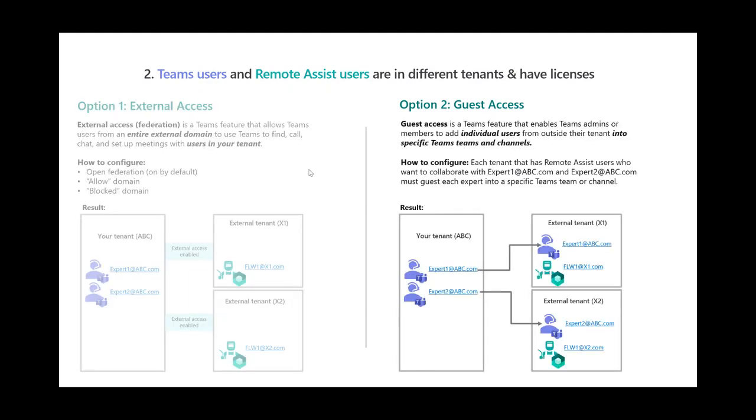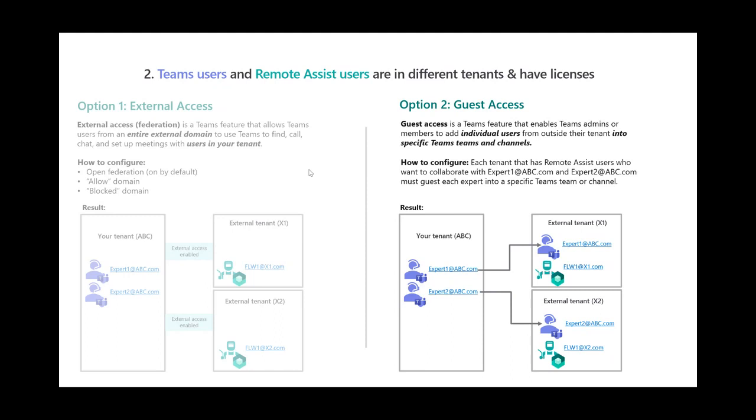The other option you have is to use guest access. Guest access is a Teams feature that enables Teams admins or members to add individual users from outside their tenant into specific teams and channels. So in this example, let's just say that X1 only wants to collaborate with Expert 1 and not Expert 2.